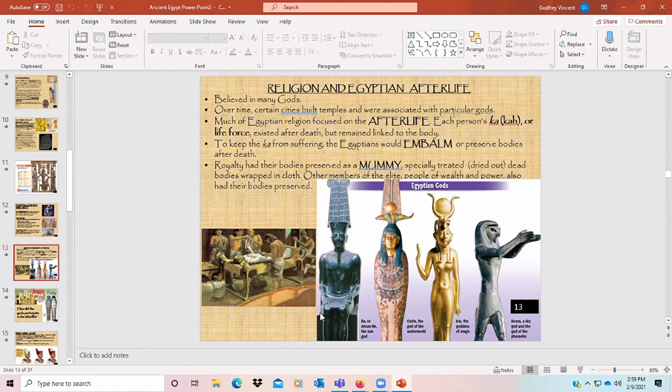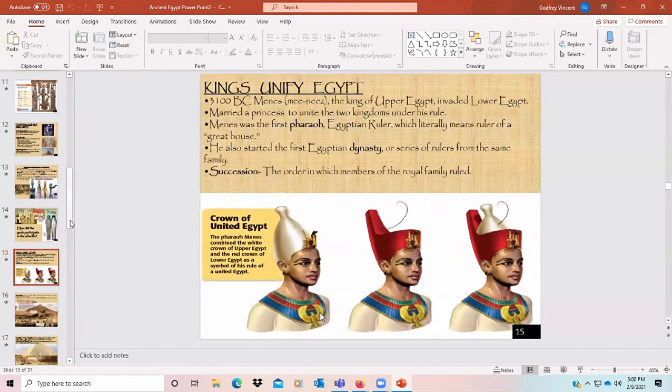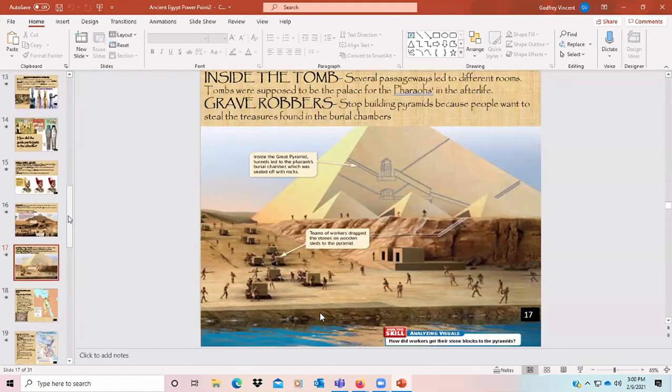They practiced mummification, embalmment. Embalmment means, these are people here called morticians. Because when we die, before we are buried, modern day morticians embalm our body to keep it for about 2 or 3 days. So this is where we are.